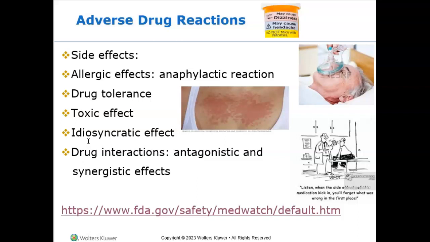And then they drank alcohol and passed out, and they never woke up. That's because all three of those things they took were CNS depressants, and combined together, they had a synergistic effect that killed the person. So that's why if you look at drug interactions, you'll see many of the medications out there will say do not drink alcohol with this medication.